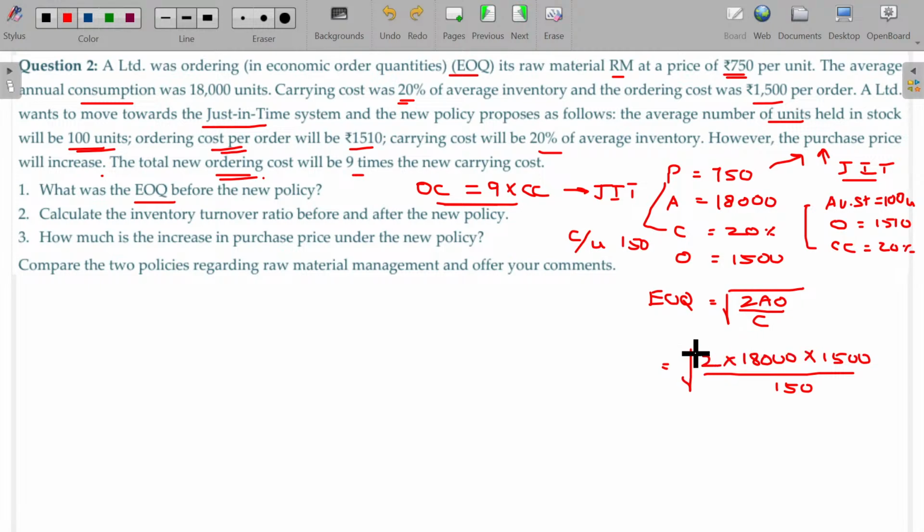Take the root of this, and you'll get 600 units. Is it clear?